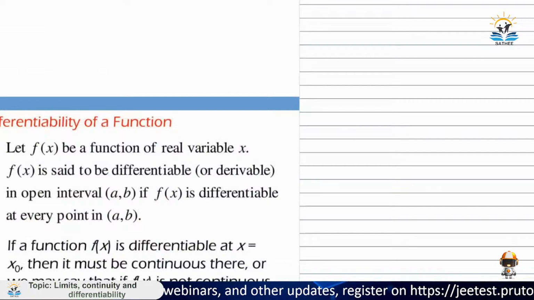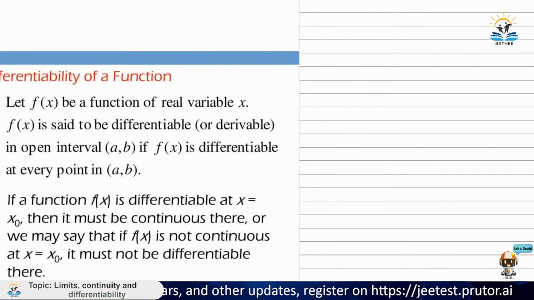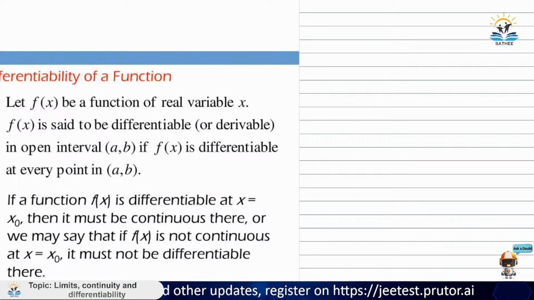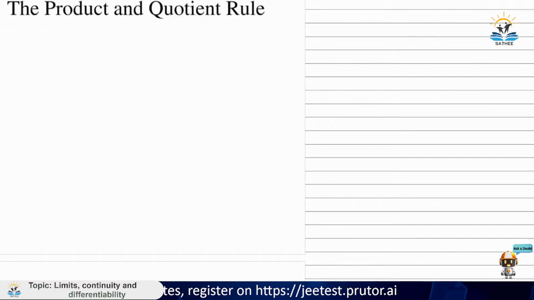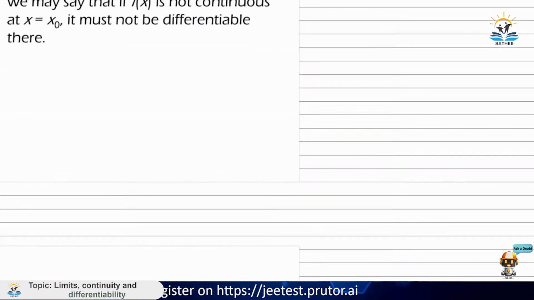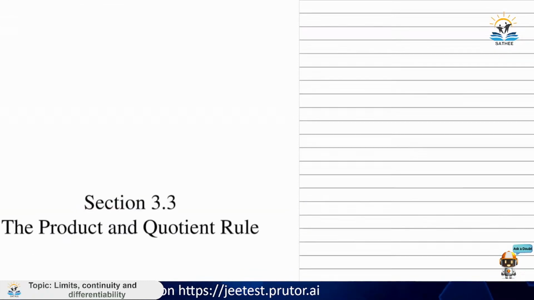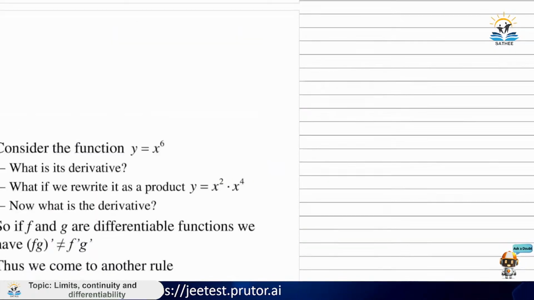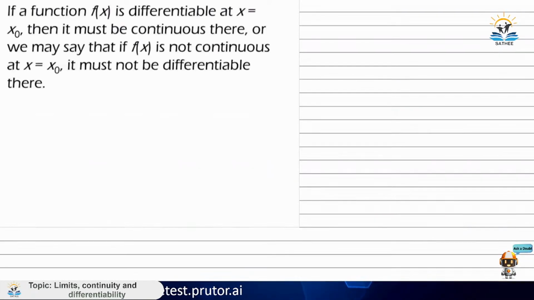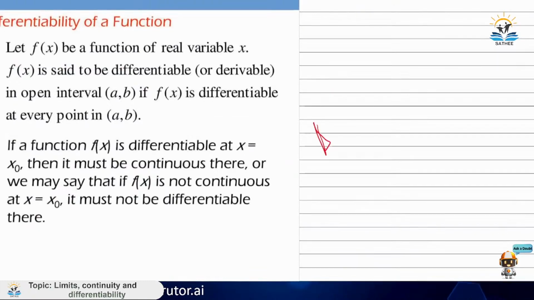Let's move on to further differentiability. Let's talk more about differentiability and the different rules that we have for differentiation. So, a bit of mathematics. What does differentiation usually look like?